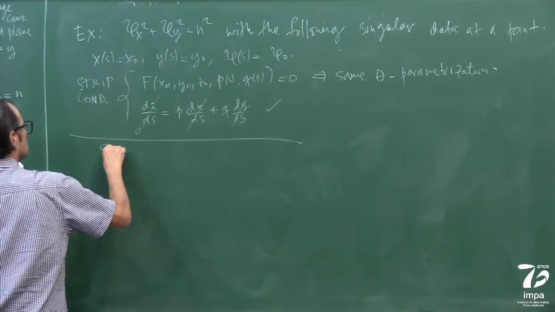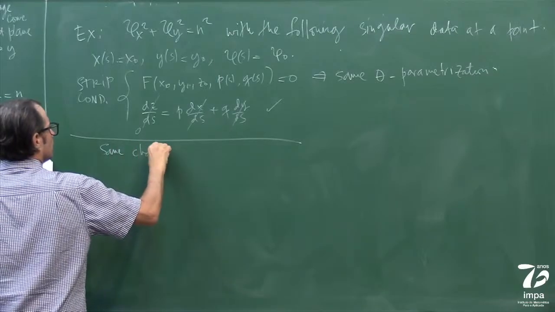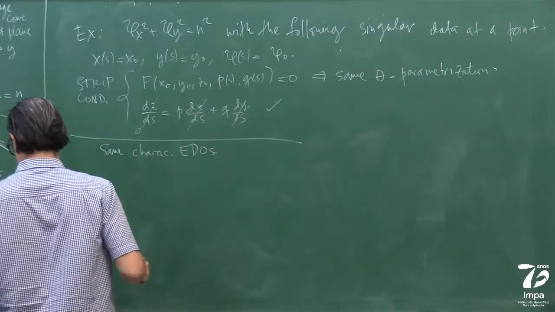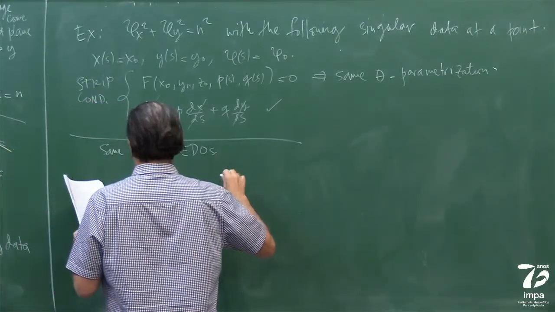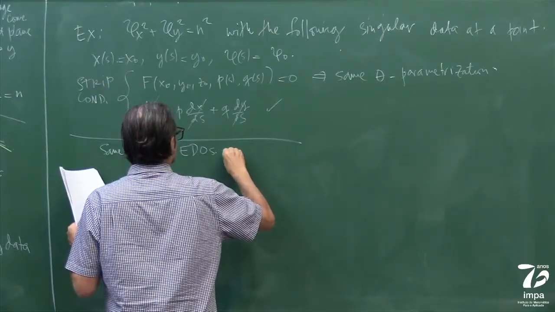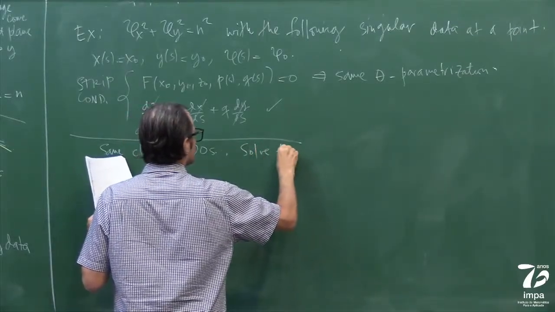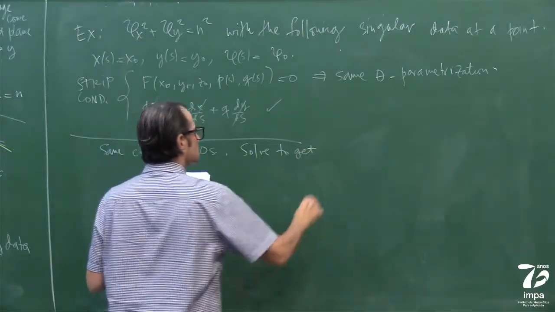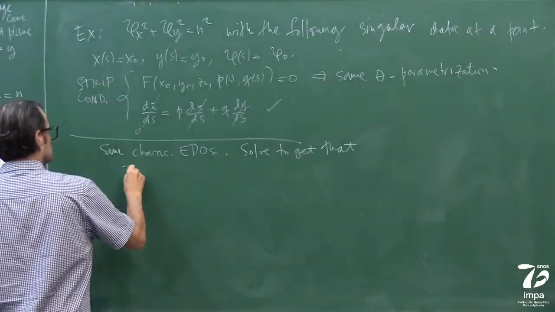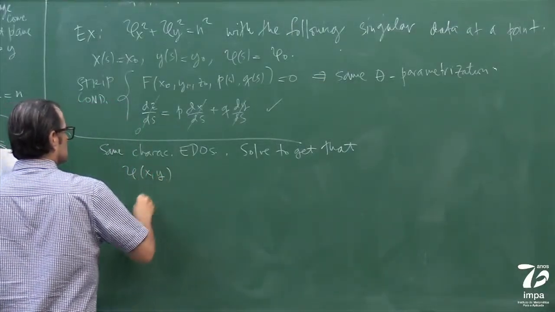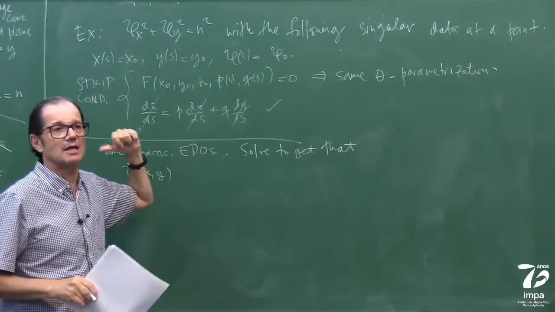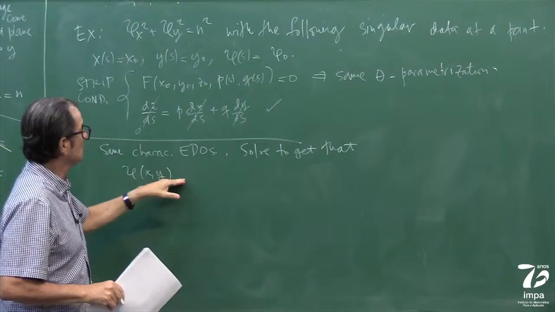So we have the same characteristic ODEs, but now the data is a little different, okay? And so let me put it here, solve to get that. Okay, solving the same characteristics, but now the data is that guy, the singular data.